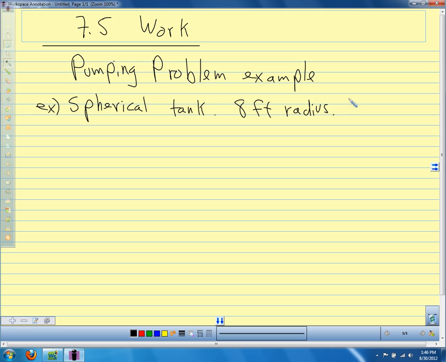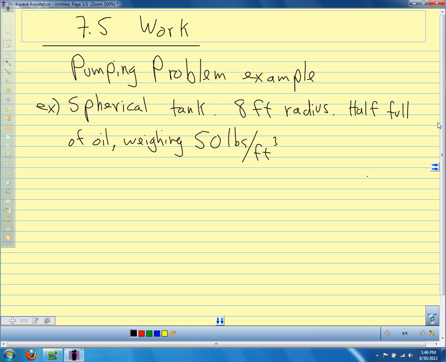It's half full of oil, and the oil weighs 50 pounds per cubic foot. We want to find the work required to pump the oil out through the top.